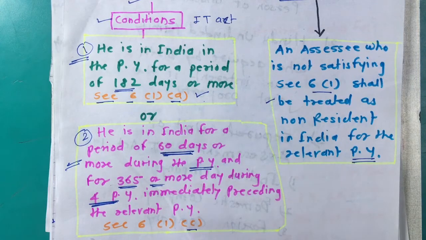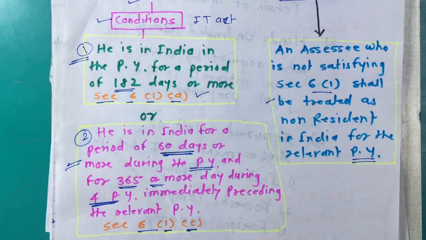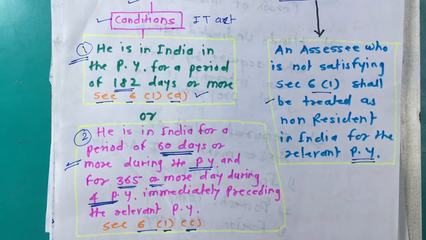This is the second basic condition under Section 6(1)(c) of the Income Tax Act for residential status of an individual.